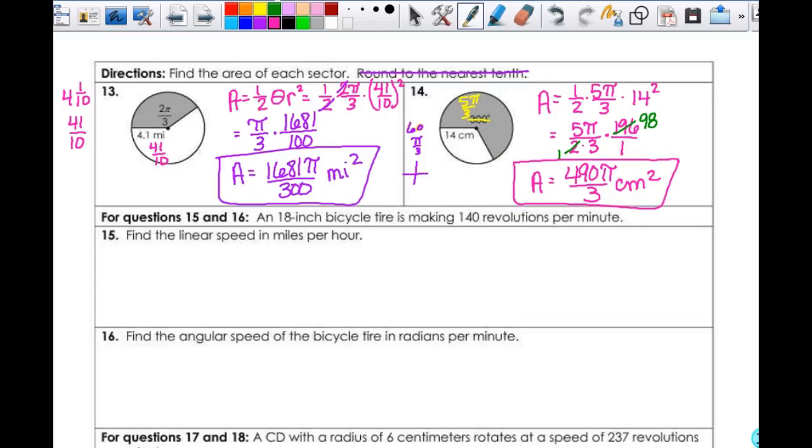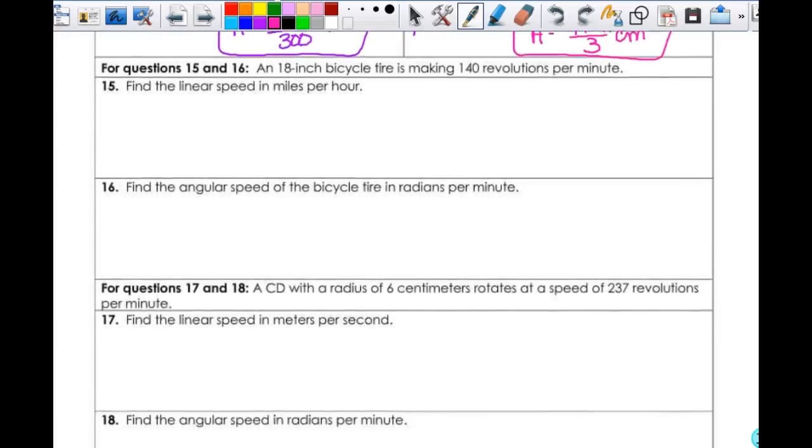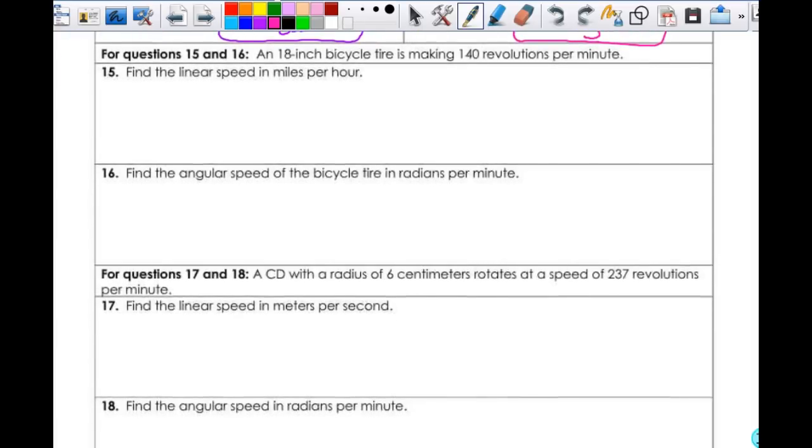All right, so linear and angular velocity. An 18-inch bicycle tire is making 140 revolutions per minute. Find the linear speed in miles per hour. So my linear speed, in order to find that, I have to have my arc length. Okay, so my arc length is r times theta. Since it's an 18-inch tire, the radius is 9.